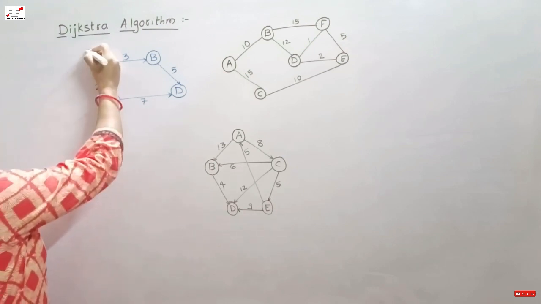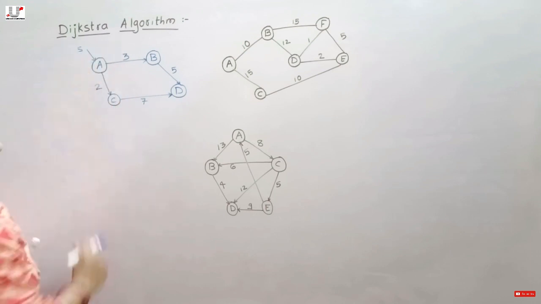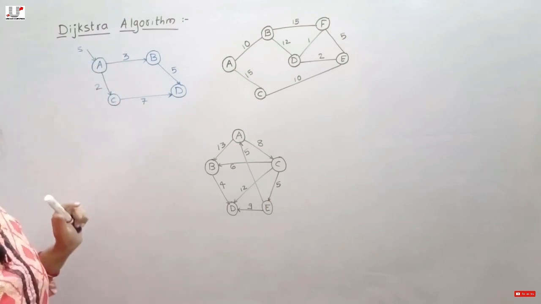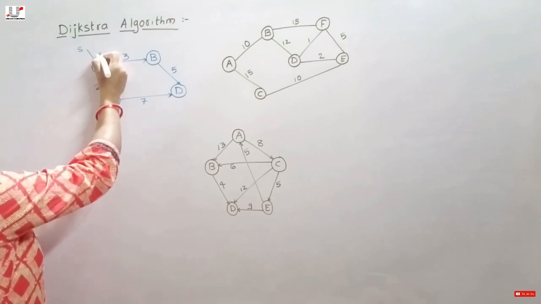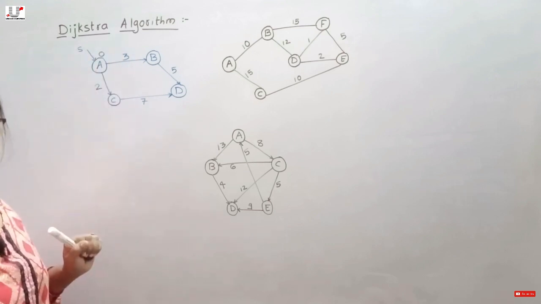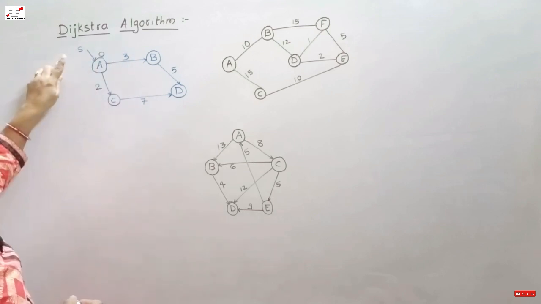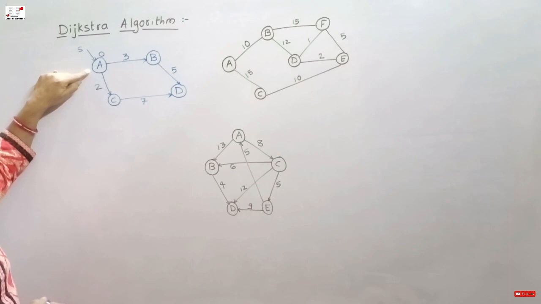In this graph, I start traversing from A. So consider A as the source or starting vertex, and the distance of the starting vertex is considered as 0. Then first you have to check which are the direct or incident vertices of this starting node A.